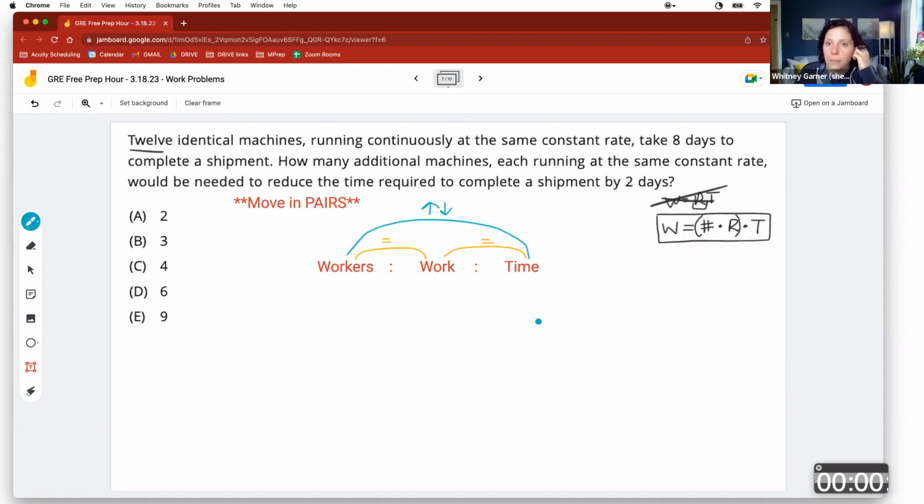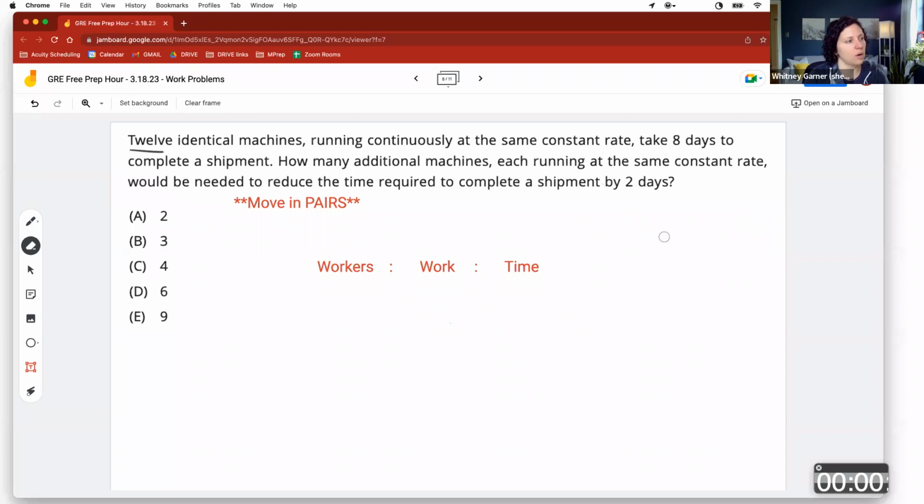So we're going to do a couple of these together, and then I'll let you try one. So let me just make a copy of this so we can see what it would look like on our paper. On my paper, I'll literally write workers, work, and time.